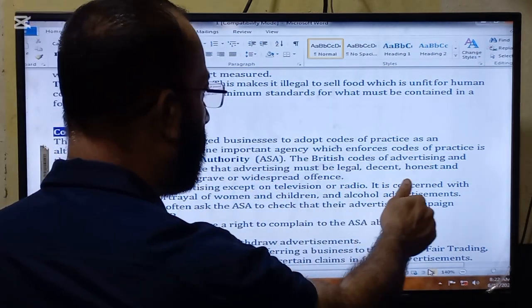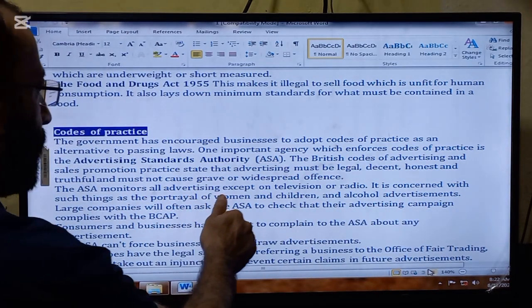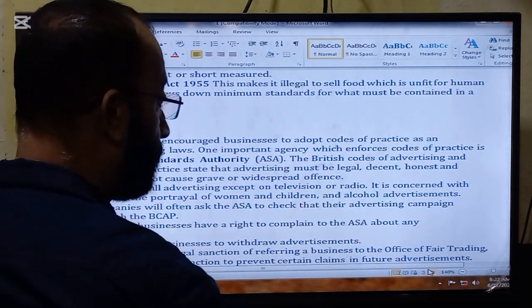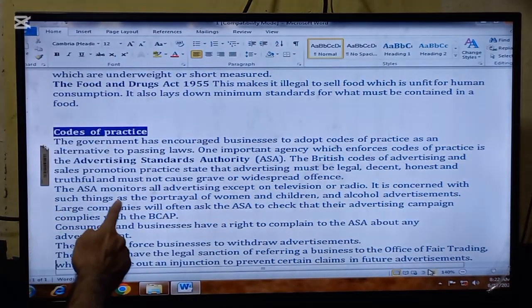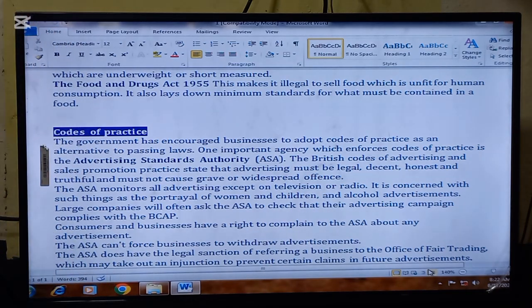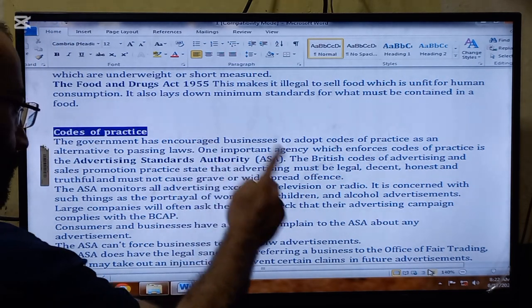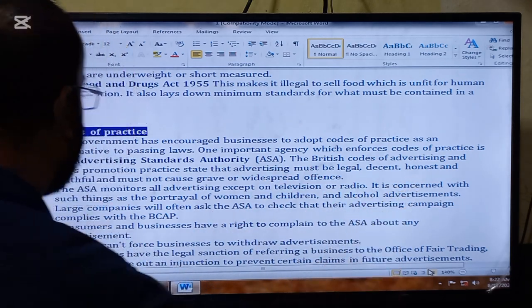The British Codes of Advertising and Sales Promotion Practice state that advertising must be legal, decent, honest, and truthful, and must not cause grave or widespread offense. So this is a rule which manufacturers have to follow in their advertising.